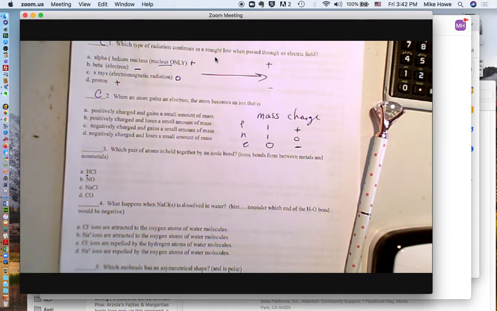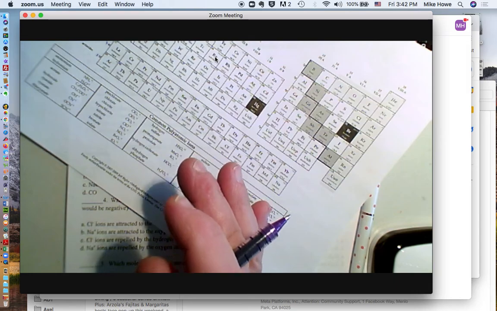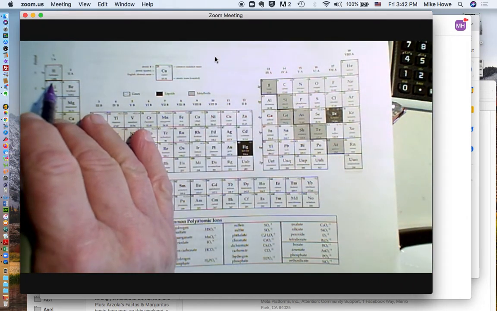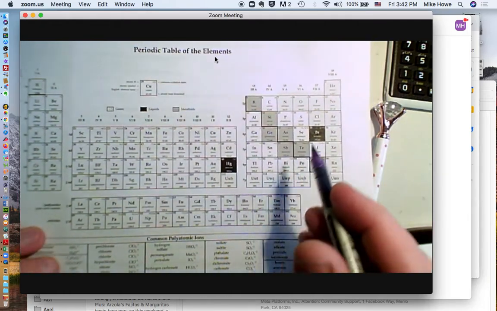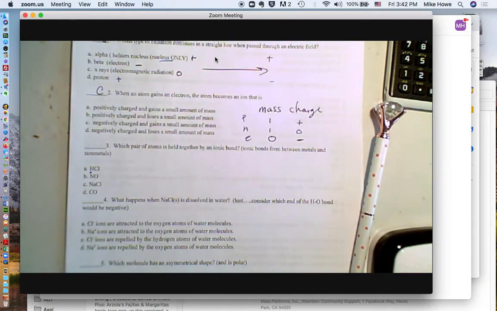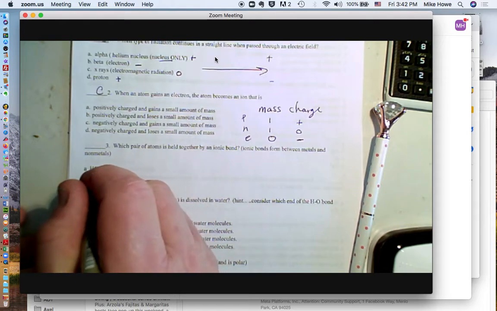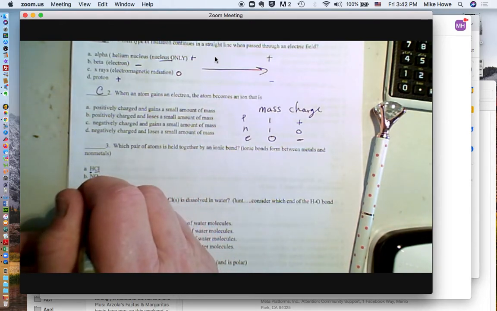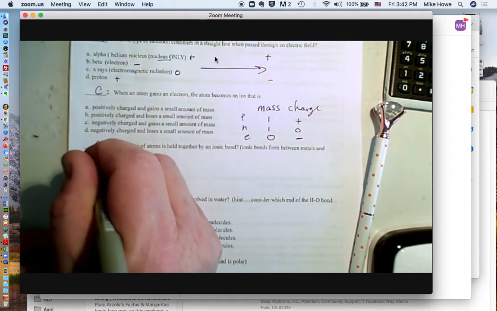So just to review, on the left side of the line here, everything over here is metal except for hydrogen. And nonmetals are on that side. All right, so nonmetal, nonmetal, that's not ionic. Nonmetal, nonmetal, that's not ionic. Metal, nonmetal, that's your answer C, because of metal, nonmetal.